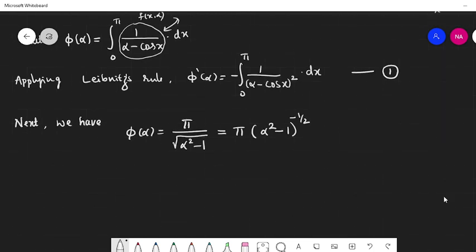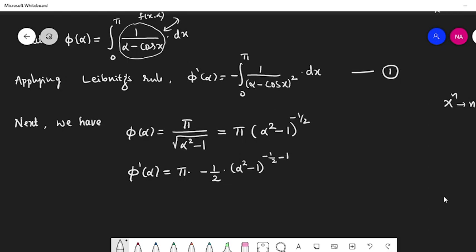You get phi dash of alpha equal to pi, a constant term, into, see, x power n differentiated gives n into x power n minus 1, right? So here in place of n I have minus 1 by 2. Minus 1 by 2 into alpha square minus 1 whole power minus 1 by 2 plus 1. Okay, sorry, minus 1 it is.